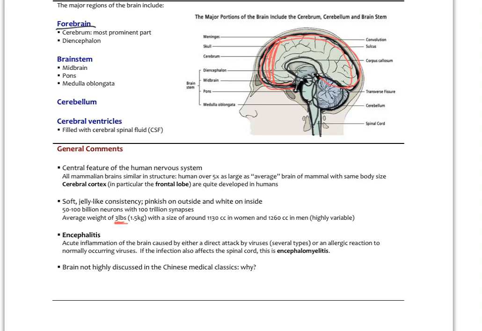So we might say the brain binds us to the physical world, to one type of consciousness, but that there are other types of consciousness available, as we've discussed, and that other organs and different parts of the body might be more tunable to those types of functions. So I'll be discussing that as we go through the autonomic nervous system and the connections between the organs and the brain.